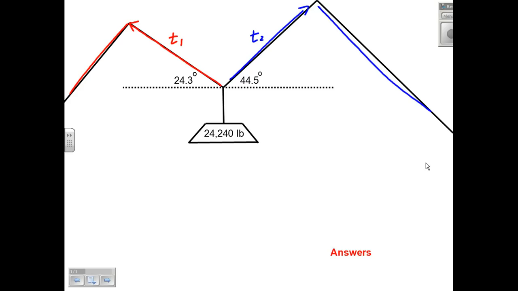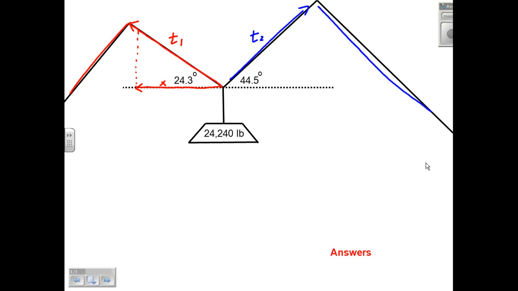So if we look at T1, there is a pull in this direction. And I would like to talk about that component of our vector, that horizontal component, in terms of T1. So I'm going to go ahead and just complete this rectangle, and I'm going to temporarily call this value X down here.